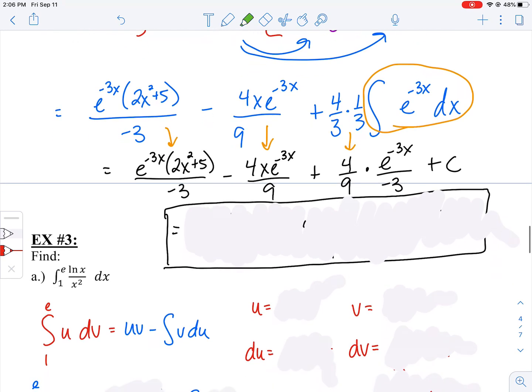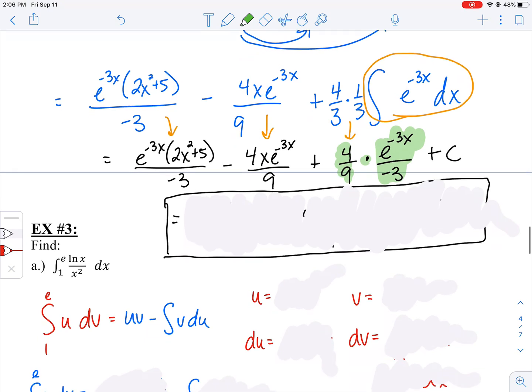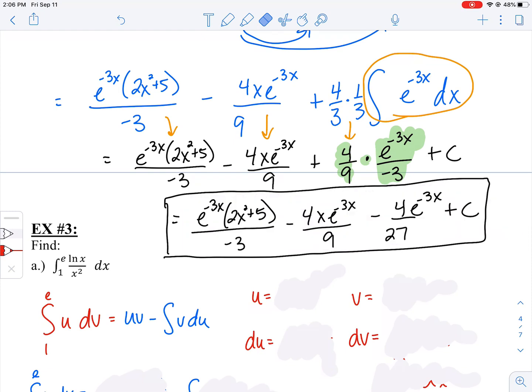So that's where I got this term of e to the -3x divided by -3. Don't forget to multiply it, though, by that 4/9 that's in front. And so my final simplified answer for the integral of this problem would be this beautiful, or ugly, I'm not sure what you would say about this expression. Don't forget your constant of integration in the back.